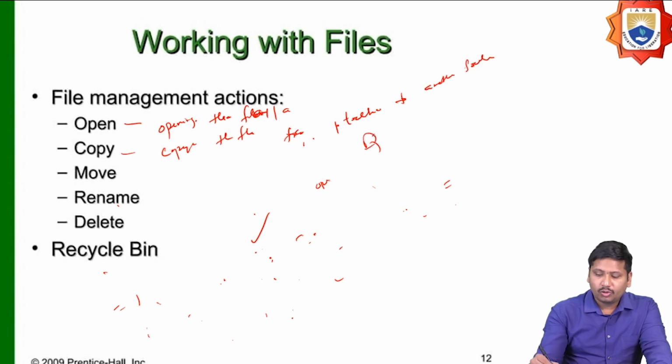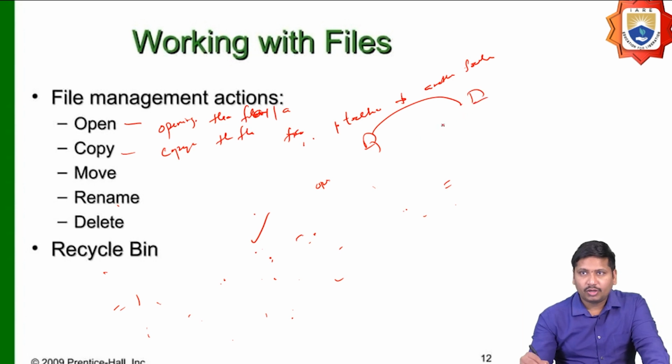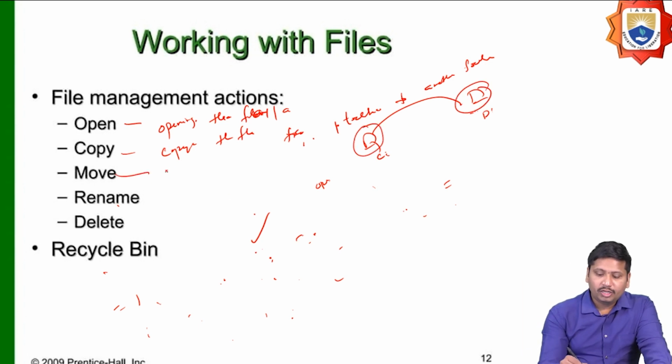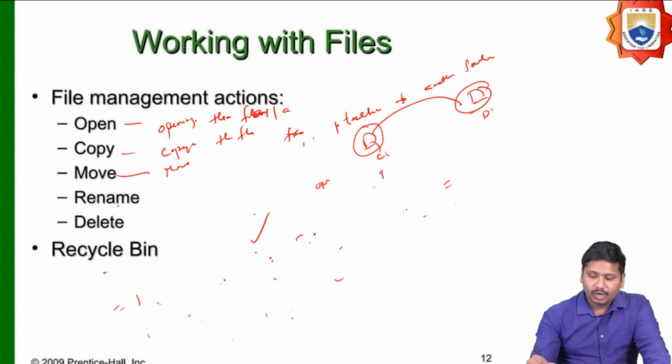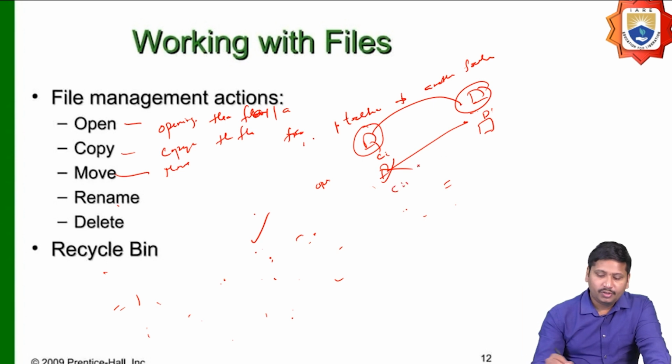That means you can copy one file from one location to the other location, but the file will exist in the source as well as the destination. And move means moving the file, where you can move the file from C drive to D drive, but once it is moved, the file will not exist in the C drive.